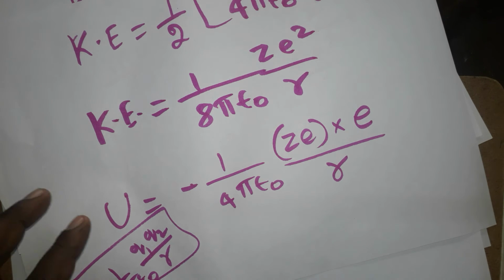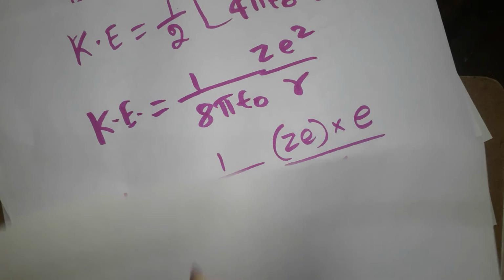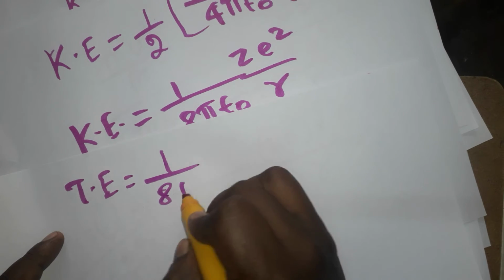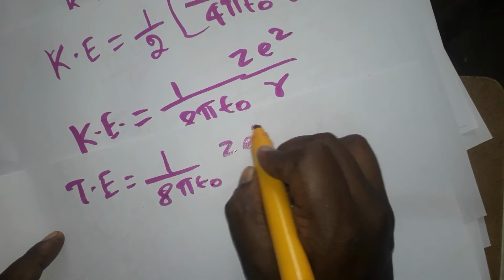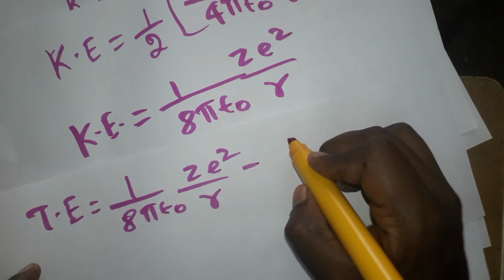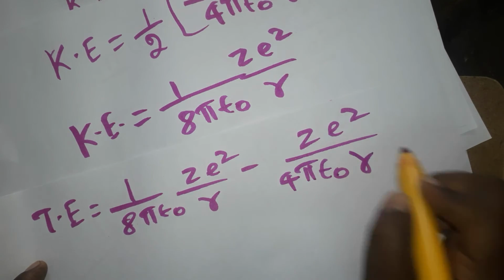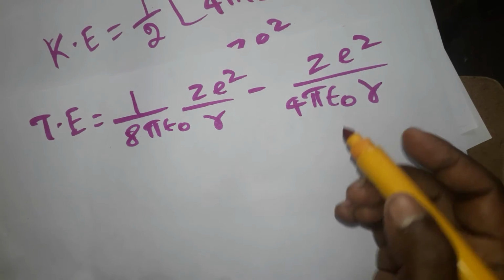Now I am going to find the total energy. Total energy is equal to kinetic energy, 1 divided by 8 pi epsilon naught z e square divided by r, plus potential energy, minus z e square divided by 4 pi epsilon naught r. I am adding these two equations.